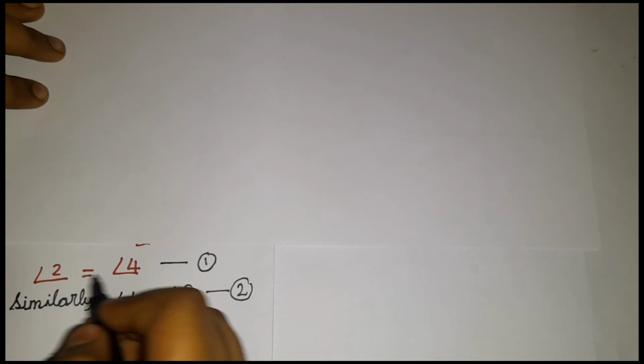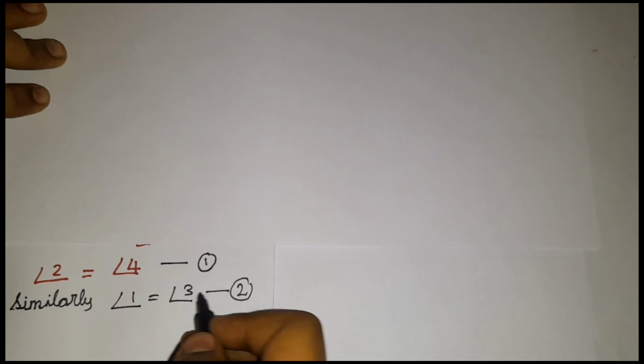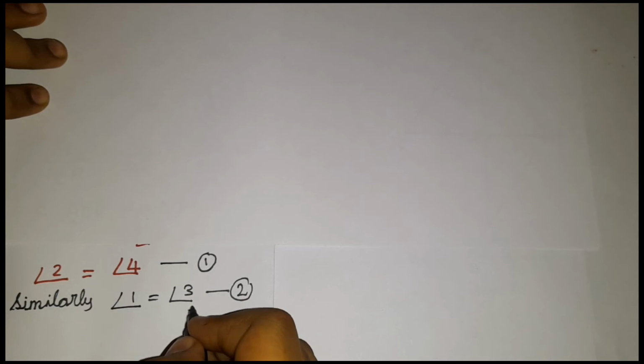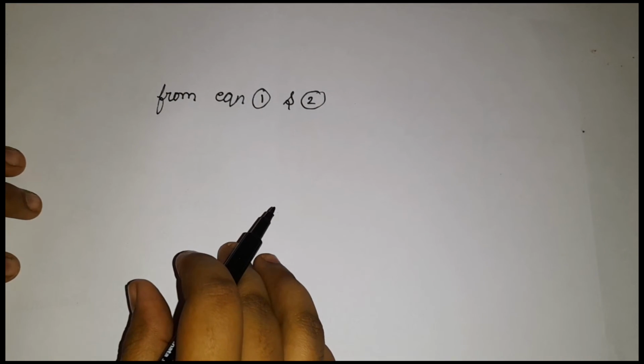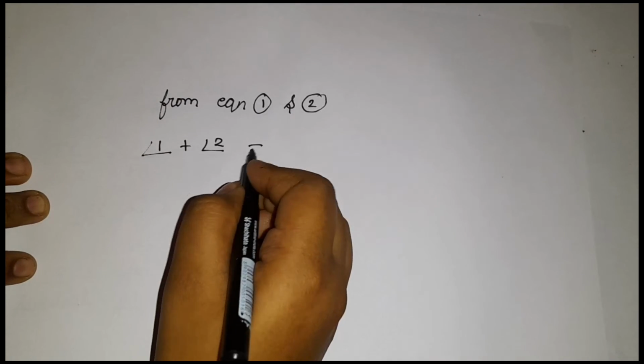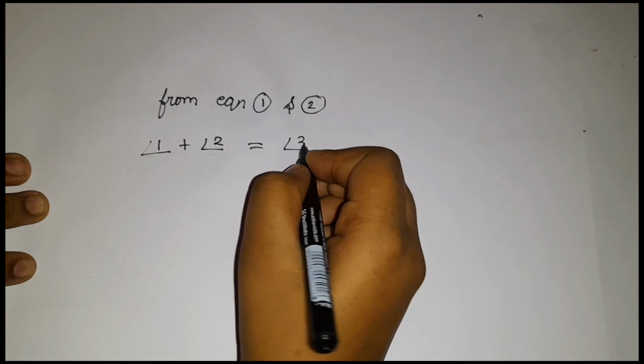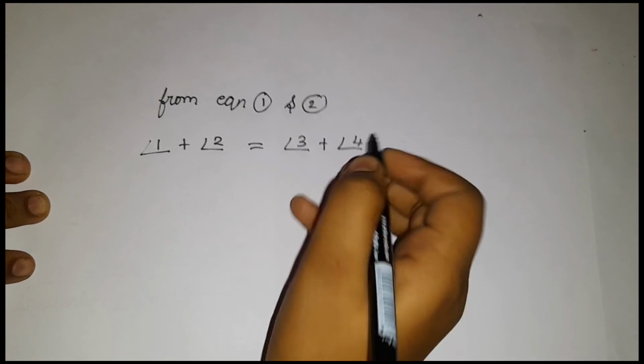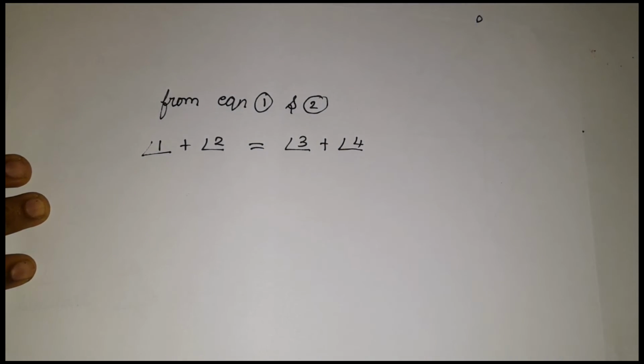Equation number 1 is angle 2 equal to angle 4, and equation number 2 is angle 1 equal to angle 3. So from equation number 1 and 2, angle 1 plus angle 2 is equal to angle 3 plus angle 4. I am just writing like this, I will explain.